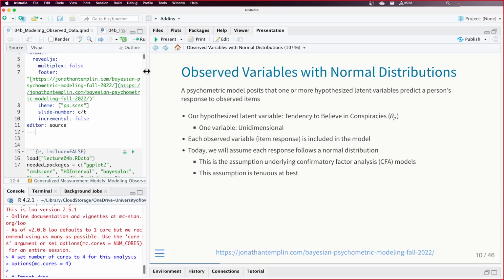Some are higher than others. Some conspiracy items are easier to believe than others, right? But that's what we're talking about. So today, that's the tendency to believe in conspiracies. It's one variable, it's unidimensional. So we're going to take all 10 of those items, and we're going to have a model for each, where each one of those 10 items is being predicted by the latent variable as if we had observed it, right? So this is a very simple linear regression approach.